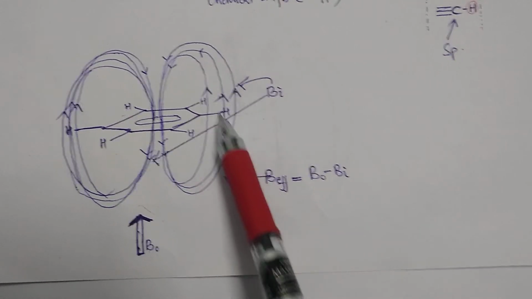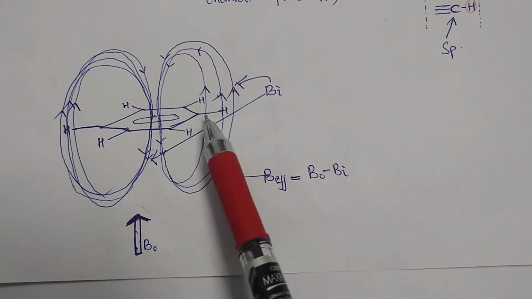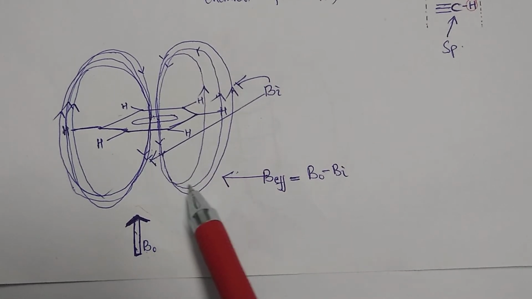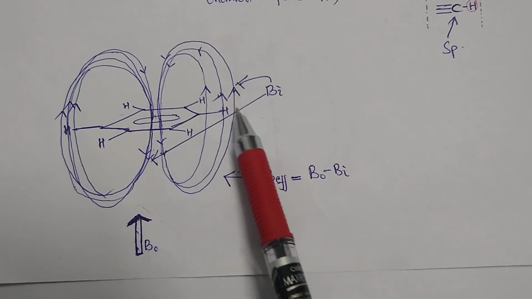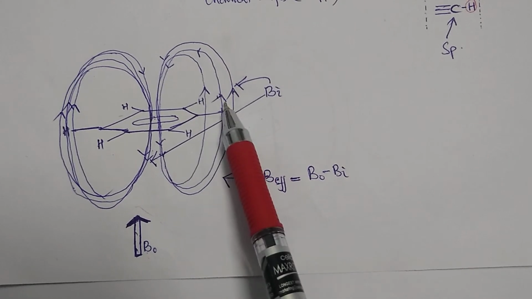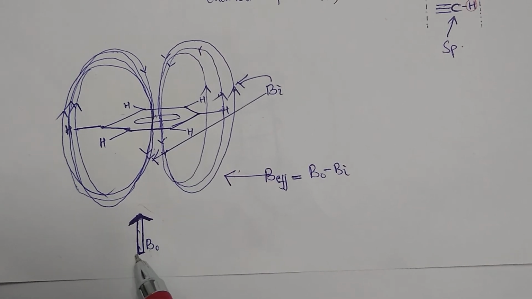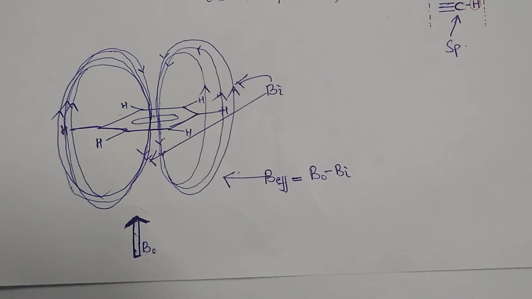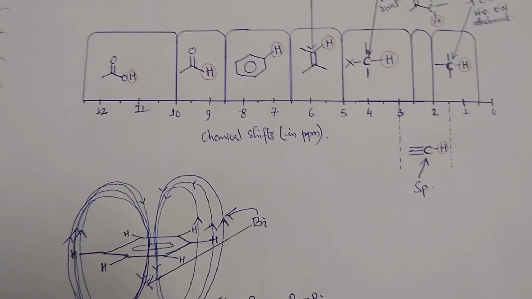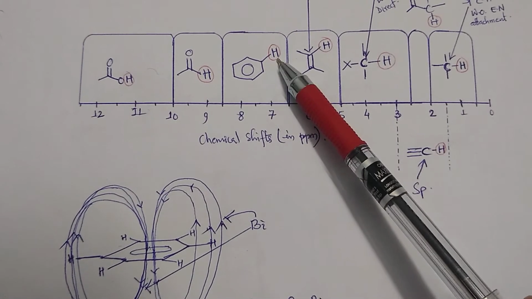With a change in the direction of the magnetic field, it also changes its behavior towards the applied magnetic field. Hence this is called an anisotropic effect.